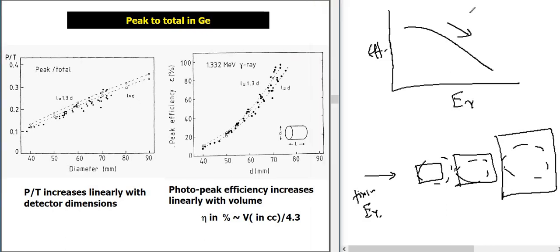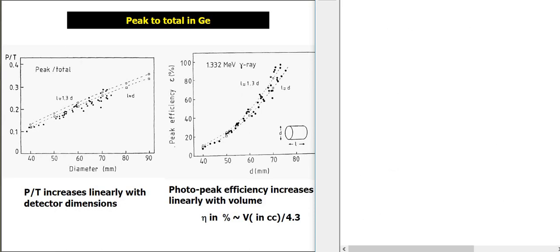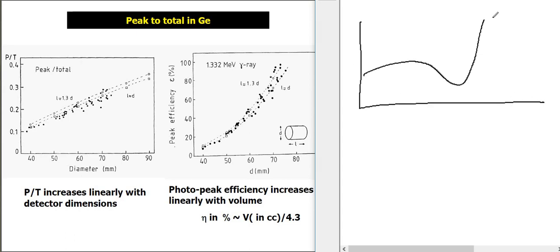And on this side of this plot, you can see the full energy peak to total. And what is that? Remember, this is what we normally observe before the pair production threshold. So I am not talking about the escape peaks anymore.